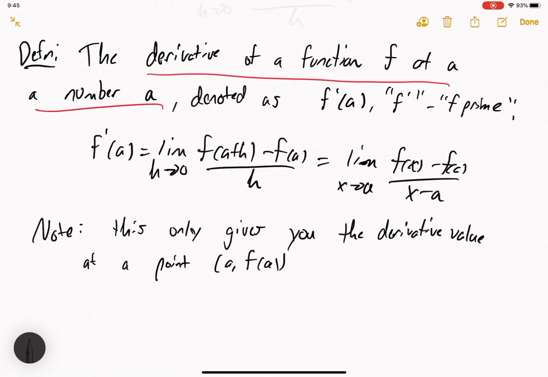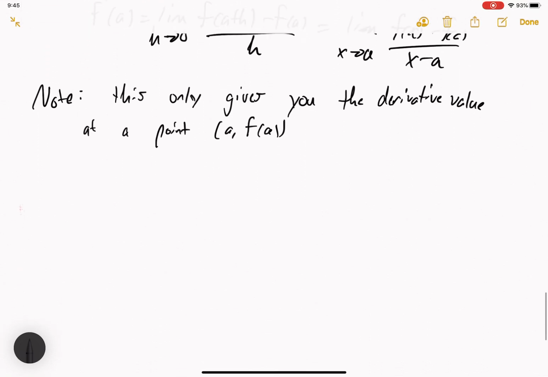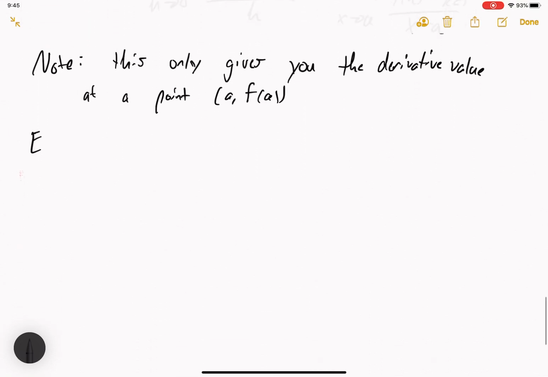So now let's do an example to find f prime of a. In this example I'm not going to specify what a is, I'm just going to keep it a. So I'm going to find f prime of a where f of x is equal to x to the negative 2.